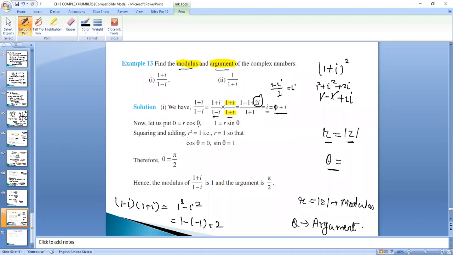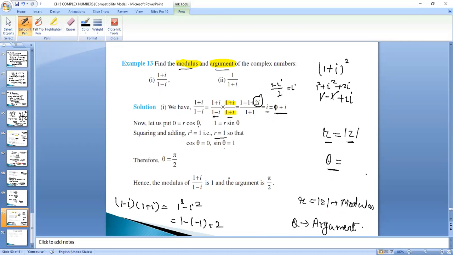So r square will be equal to 1, r is equals to 1. Shortcuts are given to you, but you will be writing all steps, right? Just as we had done in the polar form. So I'm not giving the details because we have done this so far. So r is equals to 1 means the modulus value is equals to 1.